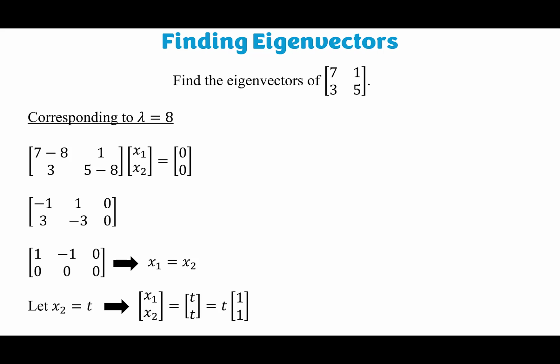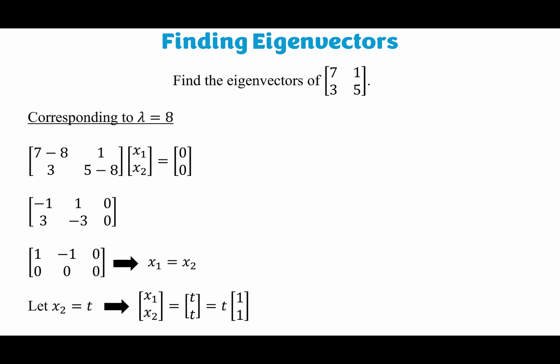So any non-zero scalar multiple of the vector 1, 1 is an eigenvector corresponding to lambda equal to 8. Those are the vectors that get purely scaled by our matrix A. If you do A times 1, 1, or A times 3, 3, or A times negative 10, negative 10, you'll see that that matrix vector multiplication always scales the vector by 8.